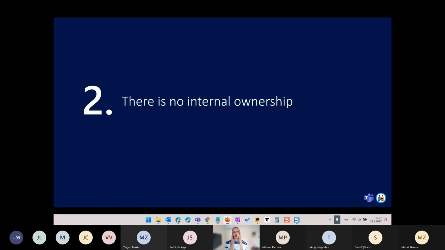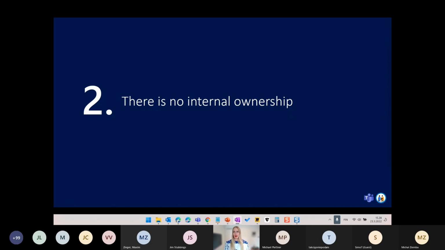But this one, no internal ownership, is the fail I face the most at the moment. And this is also a very tricky one because it requires responsibility. And for some reason, people tend to run away when they hear the word responsibility. But yeah, we have maybe some things we can do in here as well.